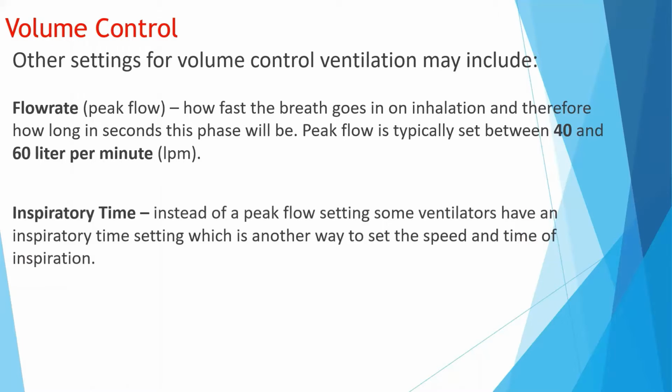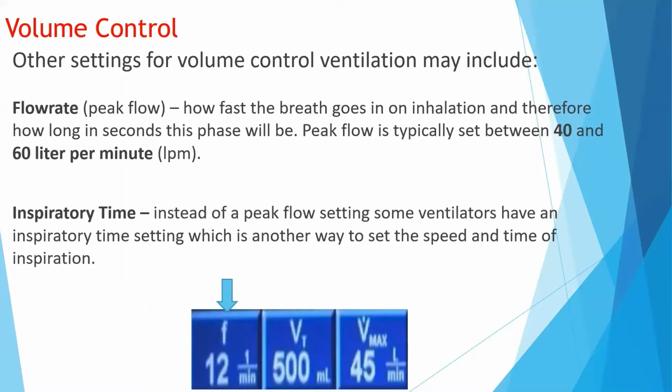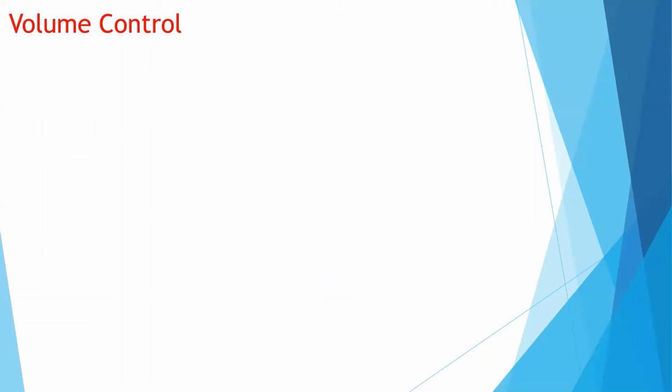In some ventilators, instead of setting a peak flow, there is an inspiratory time setting, which is another way to set the speed and time of inspiration. In this graphic, we see frequency is 12, the tidal volume is 500, and the peak flow is set at 45 liters per minute.